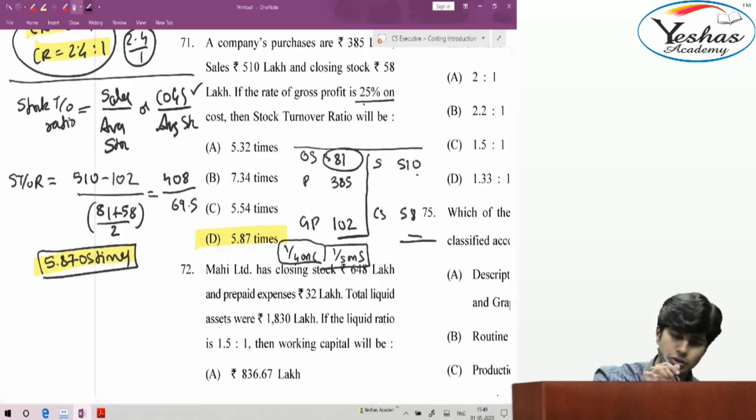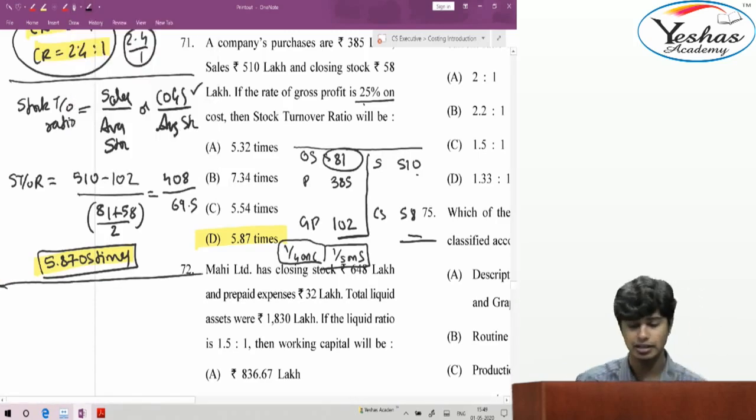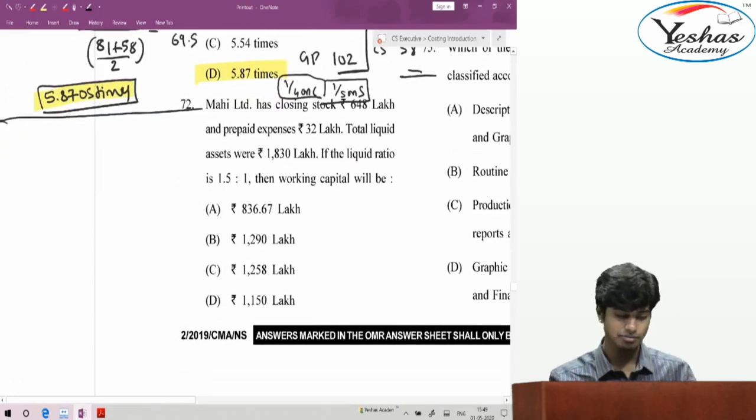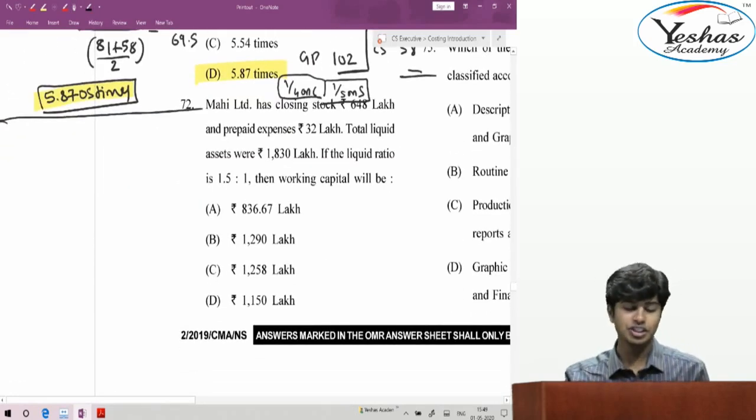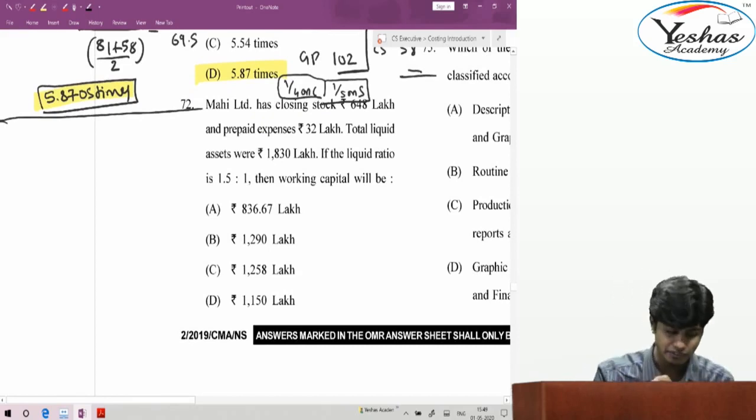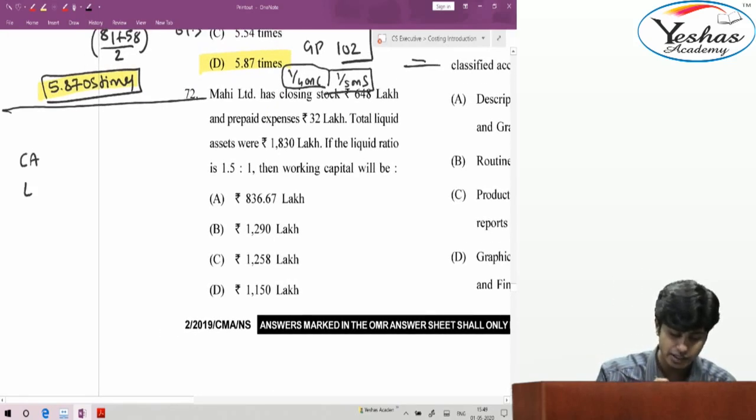Next we'll go to the next question. Come on, let's do it. Question number 72. The closing stock is 648 lakh, prepaid expense is 32 lakh, total liquid assets is 1830 lakh. See, we have this definition of current assets and liquid assets. Liquid assets is current assets minus stock minus prepaid expense.